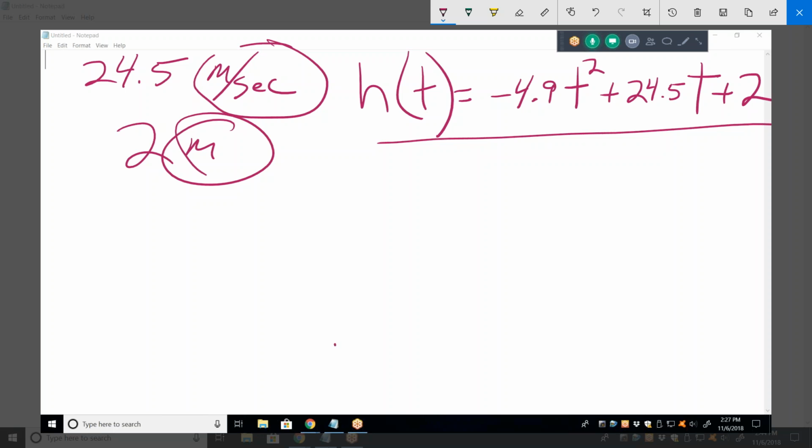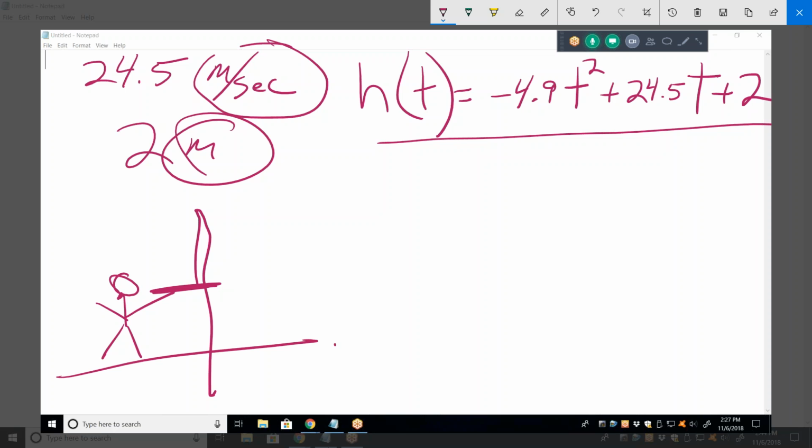And that's correct. In other words, here's what's happening. You're over here, throwing the ball straight up, and it's going to go up and then down. And the height that it starts from is 2 feet. Or, excuse me, 2 meters.